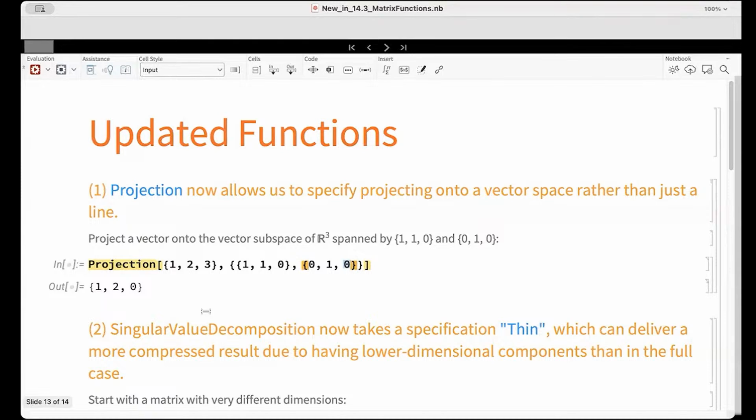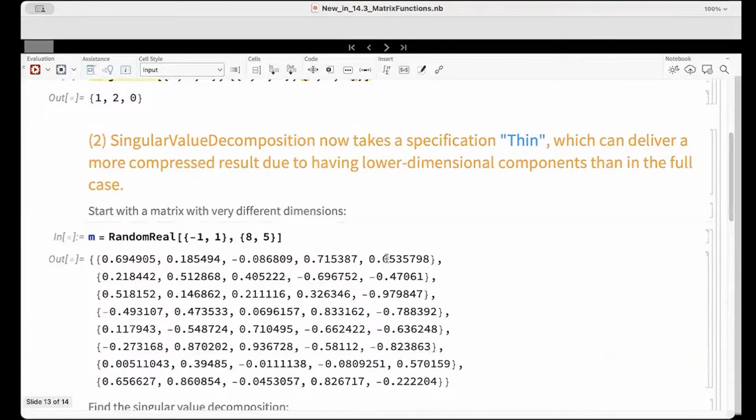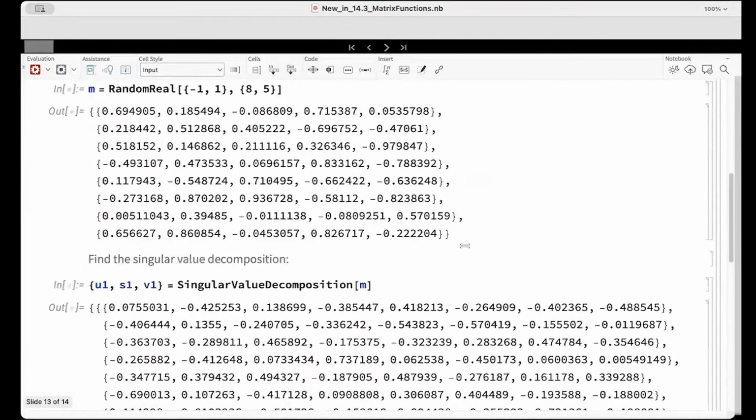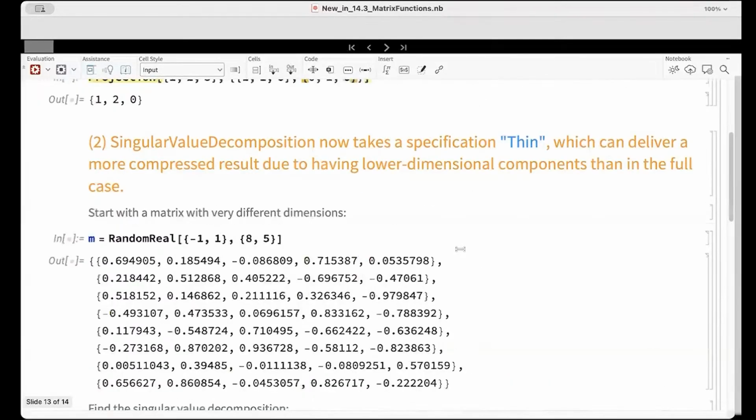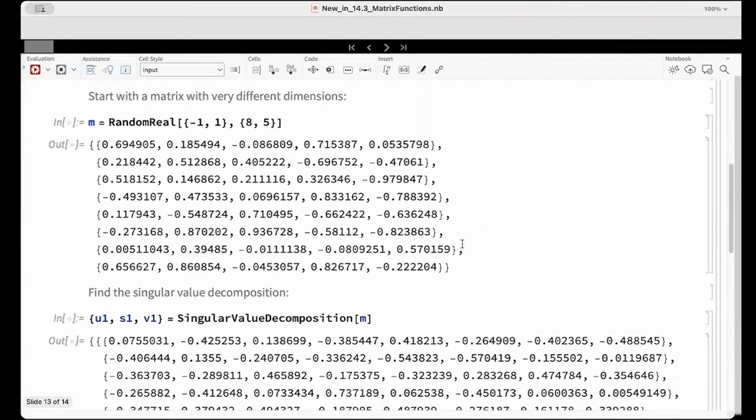Singular value decomposition has also been upgraded to take the thin form. This is something fairly standard from the literature. And what's nice about it is it can give a more concise result. So if you have a tall, thin matrix or a short, fat matrix, so the dimensions are very different, your singular value decomposition is going to have a transformation matrix of whichever the larger dimension is.